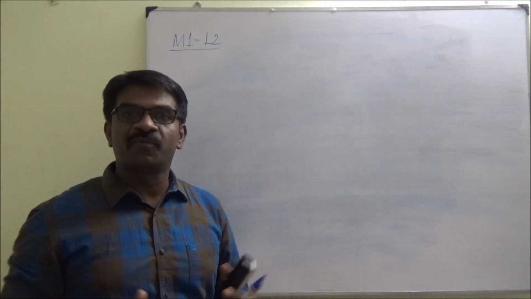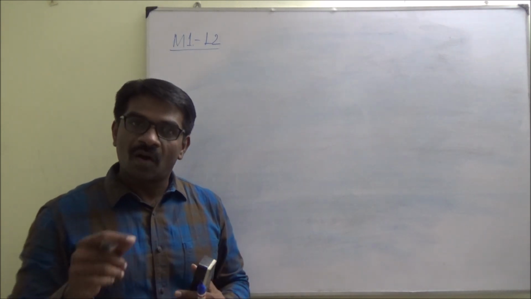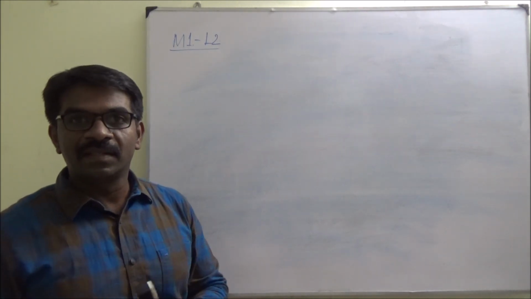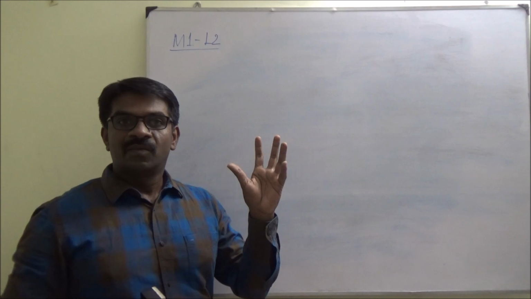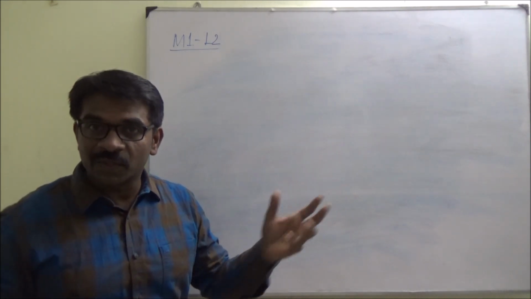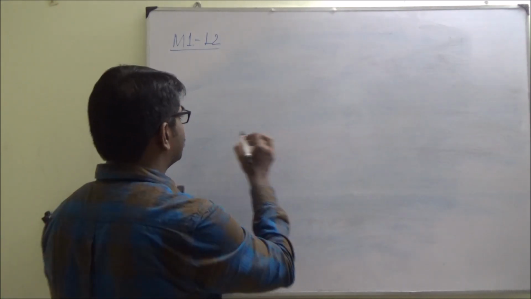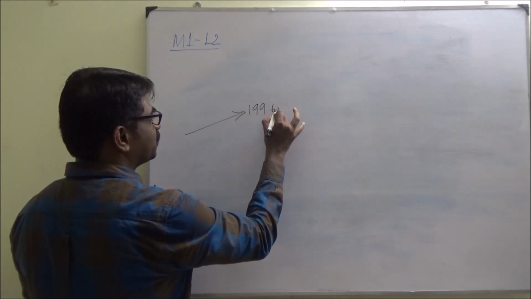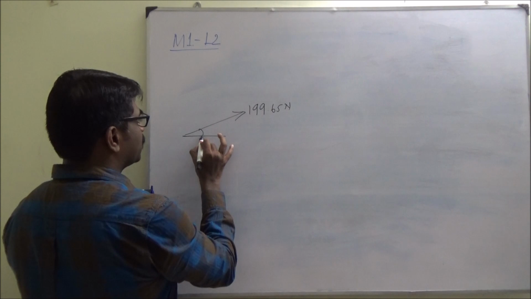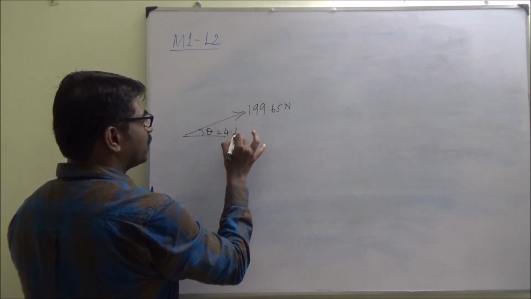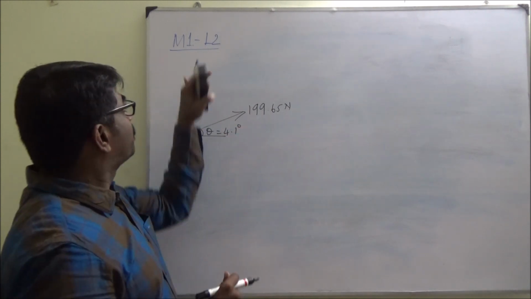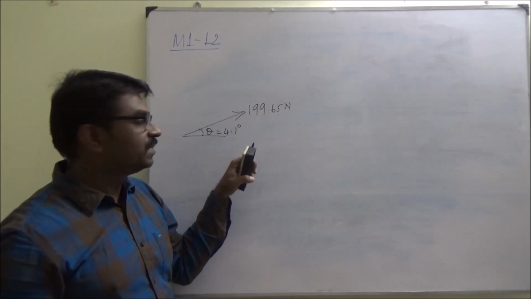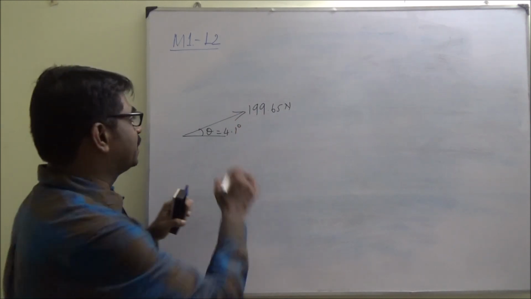If you sum all the forces that are acting on a body, say for example the previous example where we found out the resultant force. So the resultant force was 199.65 Newton, and that was acting at 4.1 degree. In the previous lecture, we solved this problem. So this is the resultant R.